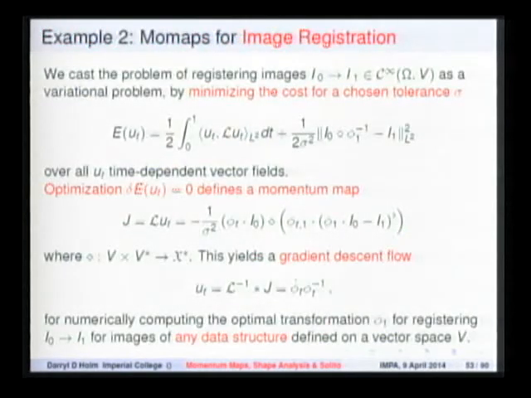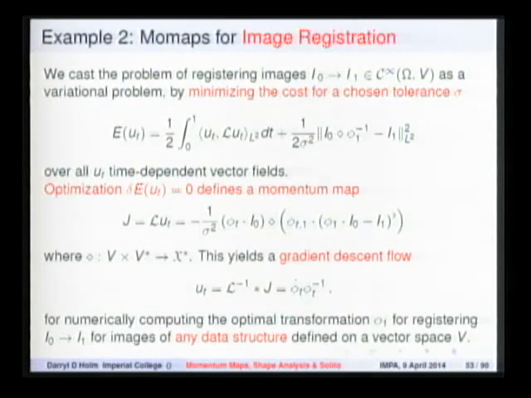Okay, this is the second example, all in this slide. It's very important because it's the typical way that images are analyzed, just as a scalar intensity, which is like an X-ray, just white on black, and white is the intensity. In order to register two images, to see how far apart they are, you think of the images as being in the smooth maps from the domain into some vector space.